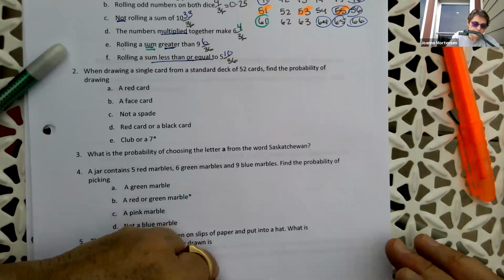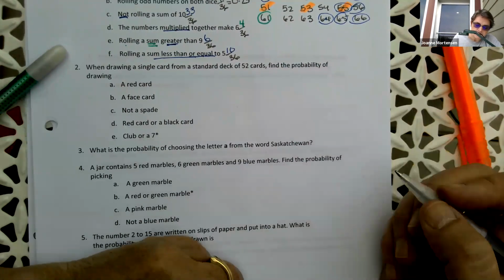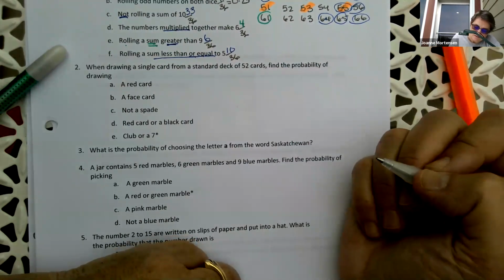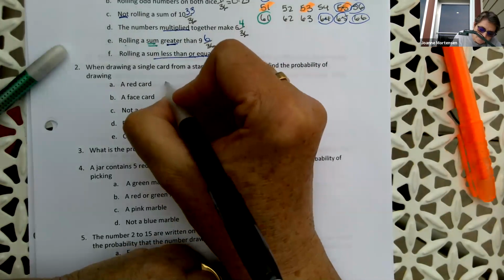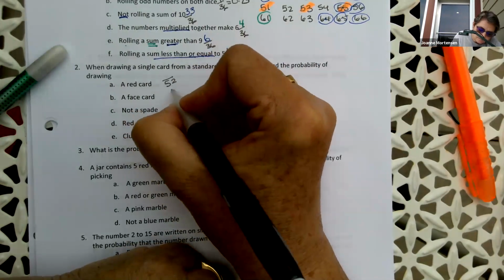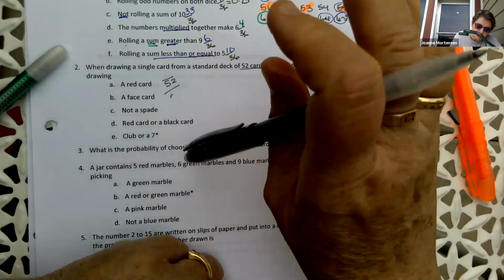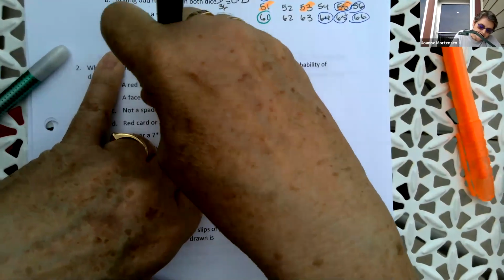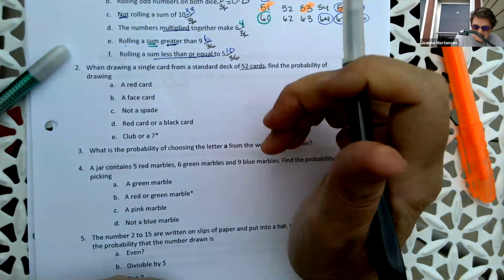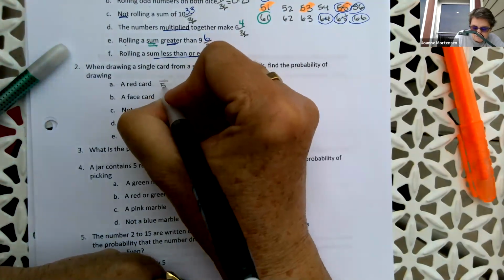All right, number 2. Drawing a single card from a standard deck of 52 cards. Fine. Okay, here we go. Sorry. I just wanted to get all the questions on the same page. That's why they're squishy.